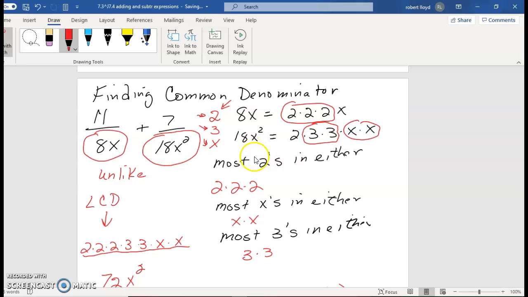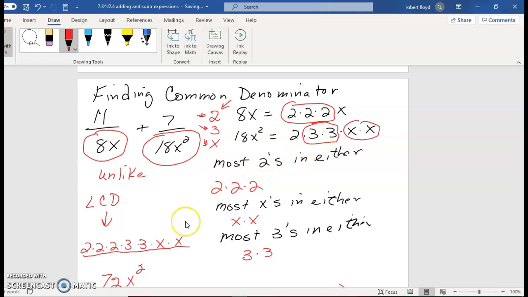So let's look at the 2's. What's the most 2's you see in either this one or this one? So there's 3 of them in the first one, so that's more than the one here. So the most 2's in either of them is 3 of them. The most x's are 2 multiplied together in the second denominator, and the most 3's are also in this second denominator.